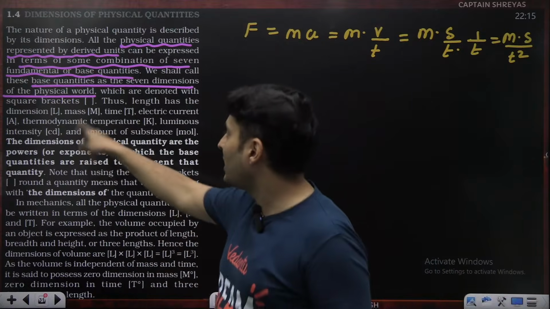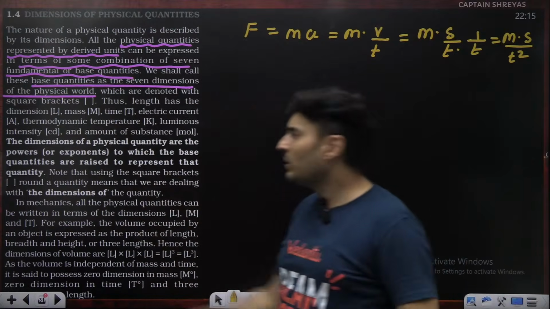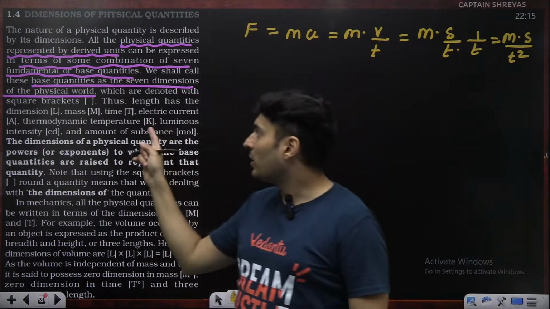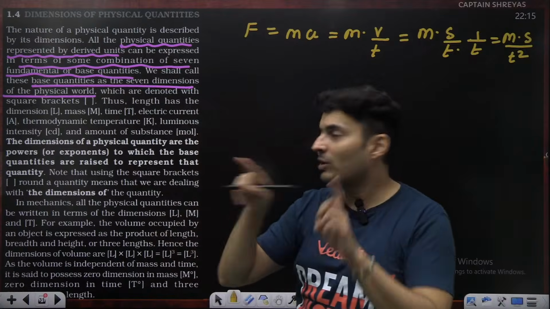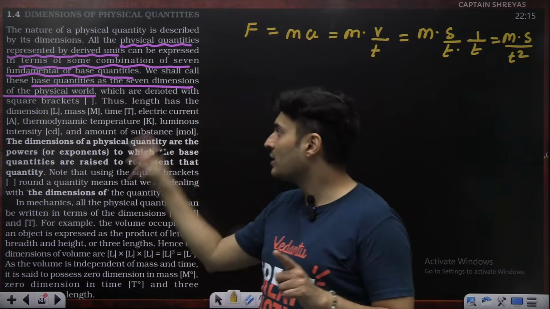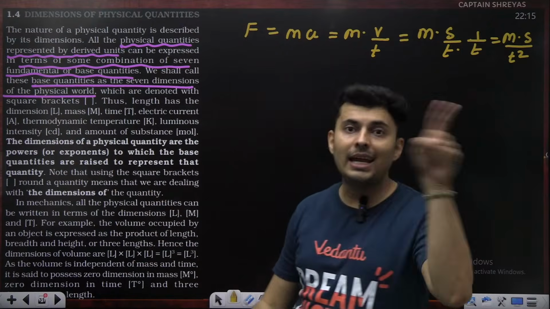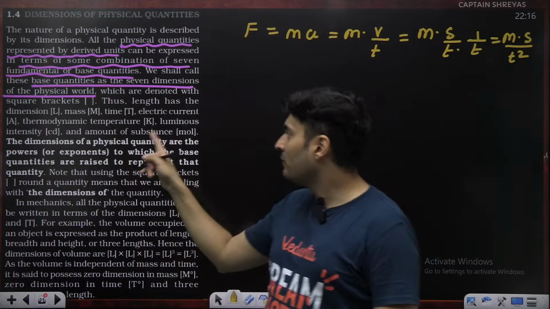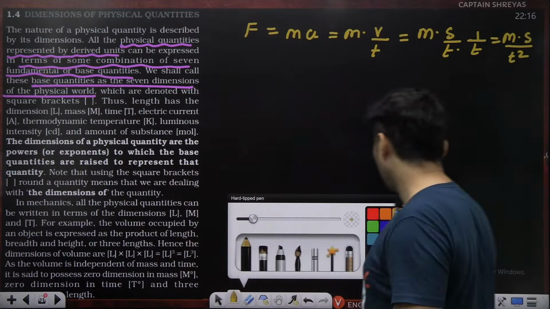For mass, we use M in square brackets. For length, we use L. For time, we use T. For temperature, K, not T, because then it will be confused with time. K for Kelvin with square brackets. For current, A, capital. For luminous intensity, cd. And for amount of substance, mol.